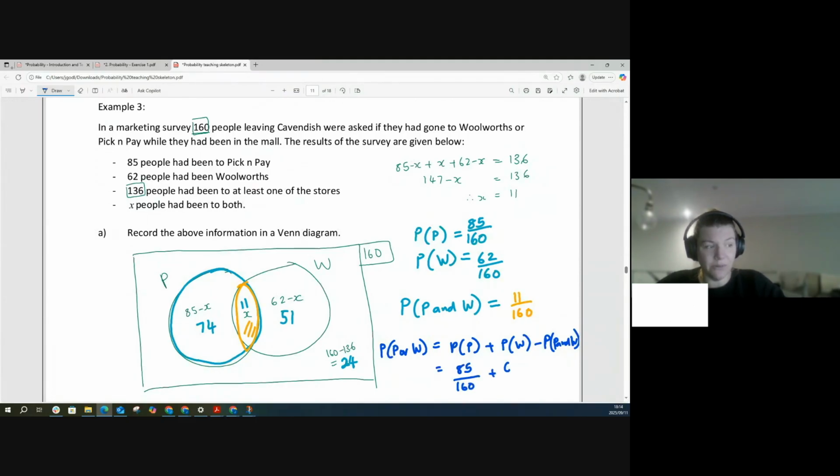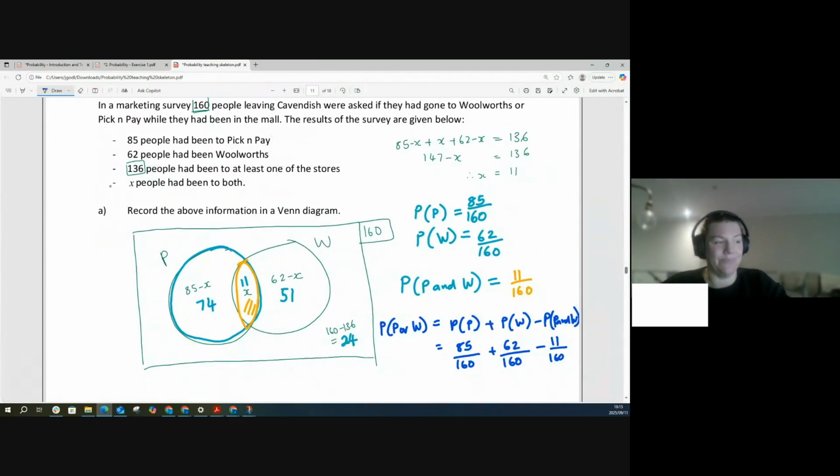The probability of Woolworths is 62 out of 160, minus the probability of the and, which was 11 out of 160. What answer do you get? Because the number is floating somewhere on the board. Good. 136.